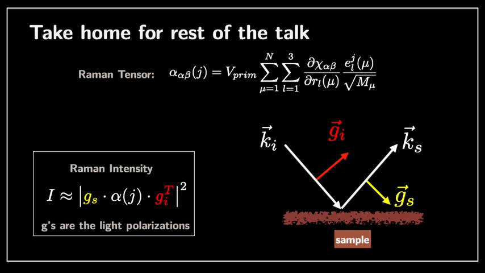You can understand that easily from the equation in the box, because the dot product between e_s and alpha will interrogate different elements of alpha depending on the value of e_s. And the different matrix elements of the tensor are going to be different depending on the material, but also will be an intrinsic property of the material. So we can actually learn a lot by doing polarized Raman spectroscopy.